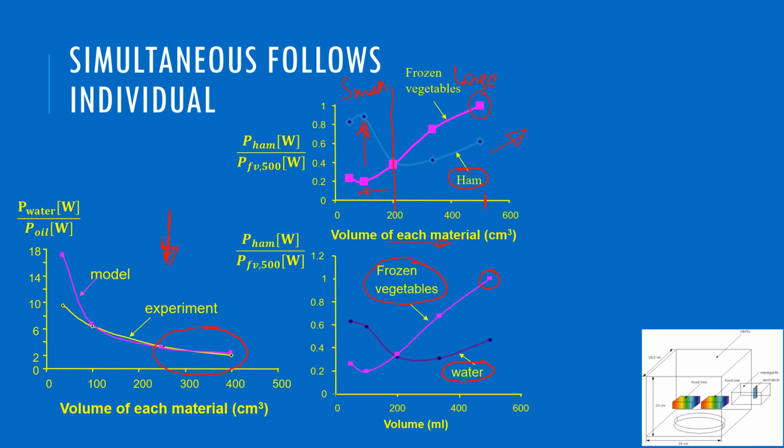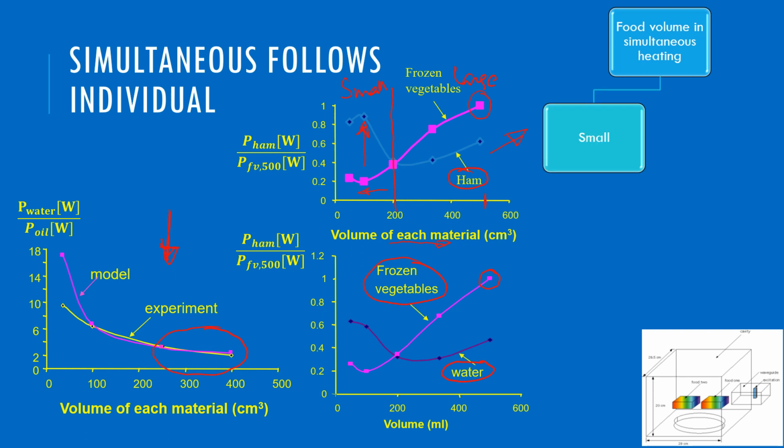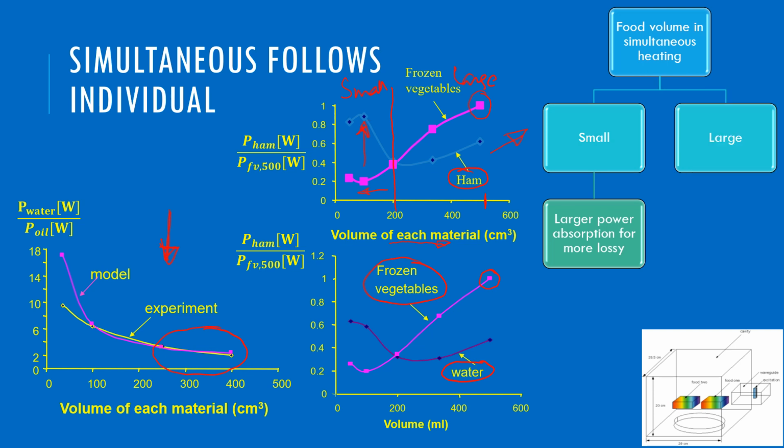So as a general understanding then, simultaneous heating follows the same trend in terms of energy absorption as when heated individually. So if we try to put this together, food volume in simultaneous heating, if we are looking at smaller volumes, then larger power absorption for more lossy material, and for larger volumes, power absorptions are closer.